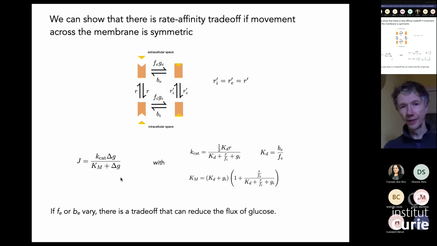Changing R is an interesting parameter in the sense that we might imagine the cell optimizes this because it doesn't suffer any loss for increasing R. But if I change these two controlling the binding of extracellular glucose, then there's a possibility that I can actually reduce the flux because of the trade-off. So I'll show that here.